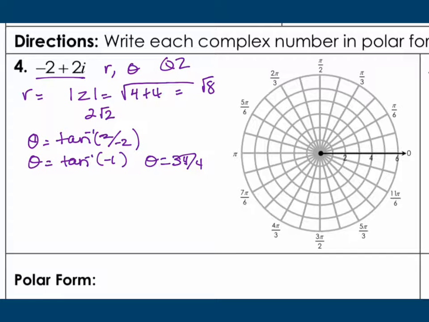So the complex number in polar form would be z equals 2 square root of 2 cosine 3 pi over 4 plus i sine 3 pi over 4.